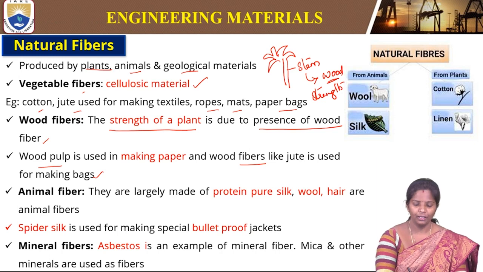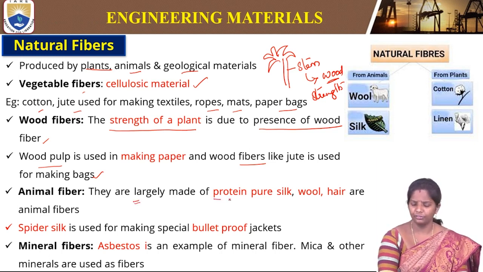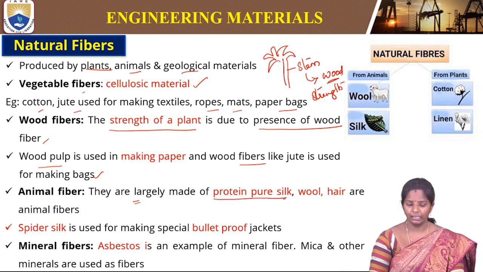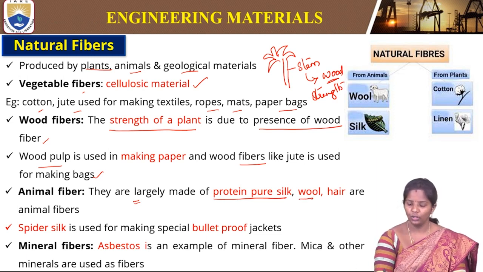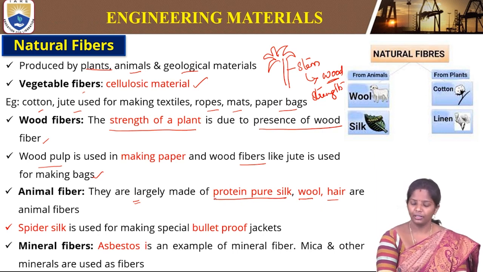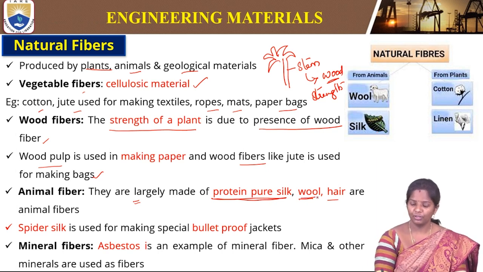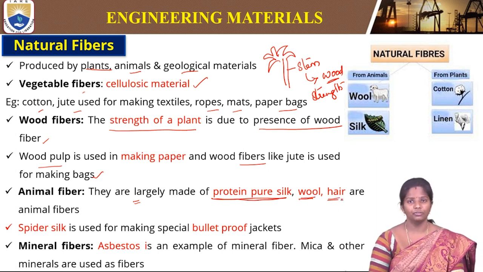The animal fibers are made from protein: pure silk, wool and hair. Silk is obtained from the caterpillar through feeding on mulberry. Then wool from the sheep and hair are some examples of animal fibers.